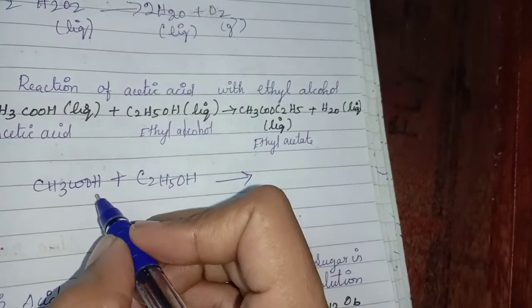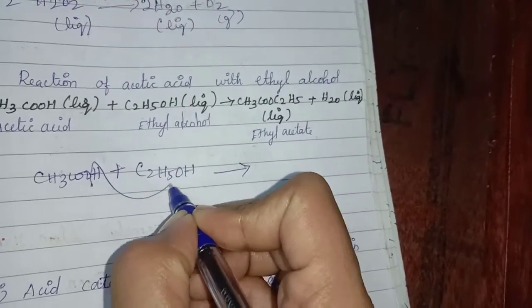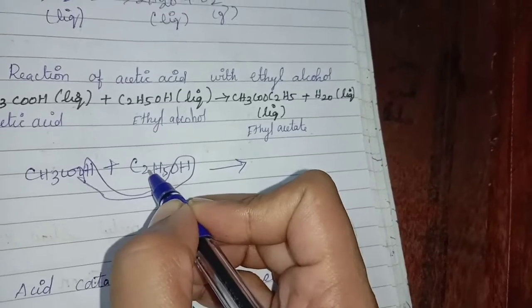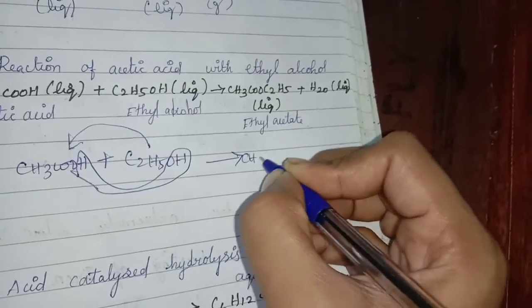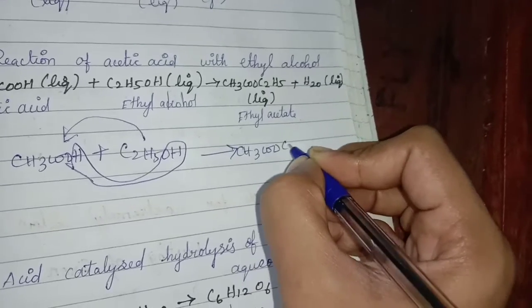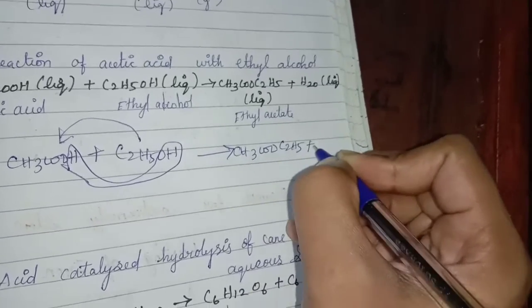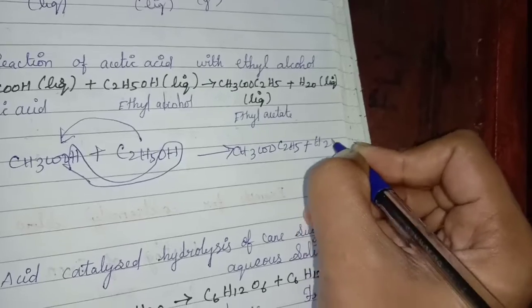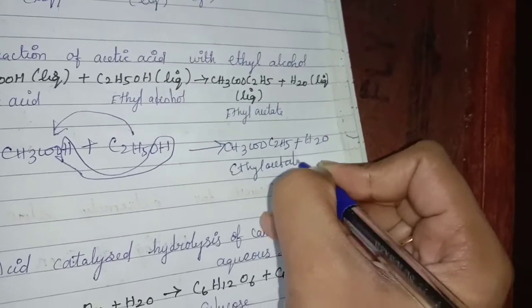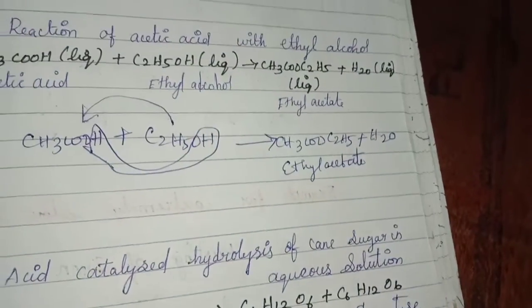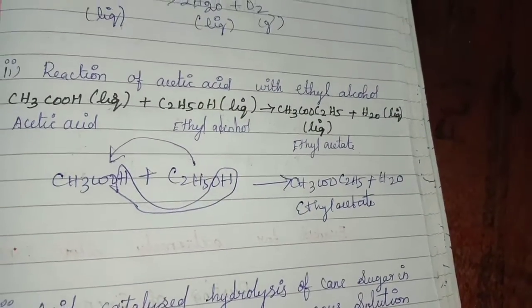The water molecule will form. Afterwards, this C2H5 is joined with the acetyl part. So CH3COOC2H5 plus H2O. Ethyl acetate will form. So this is an example of a moderate speed reaction.